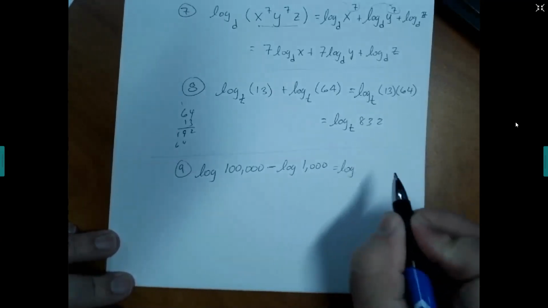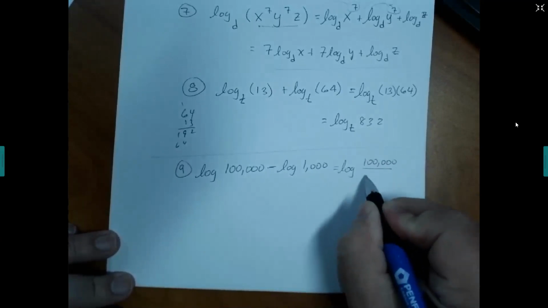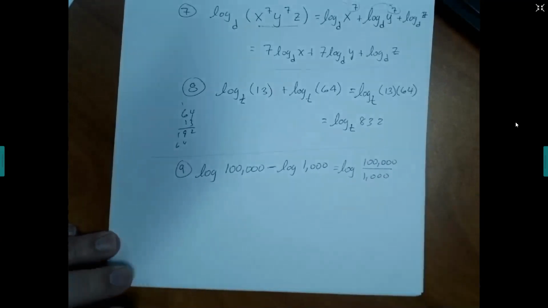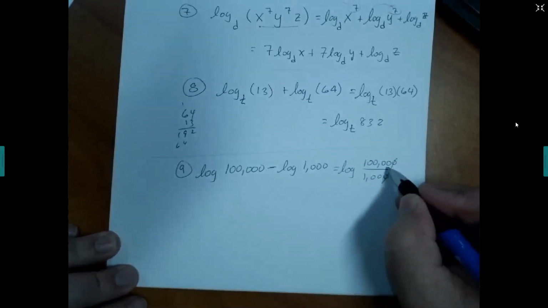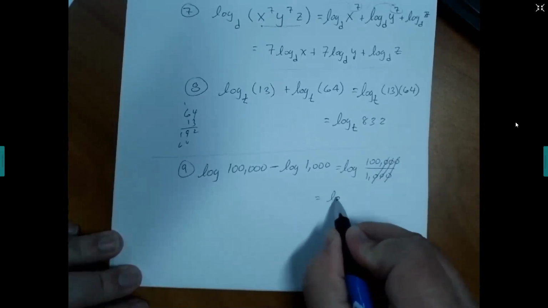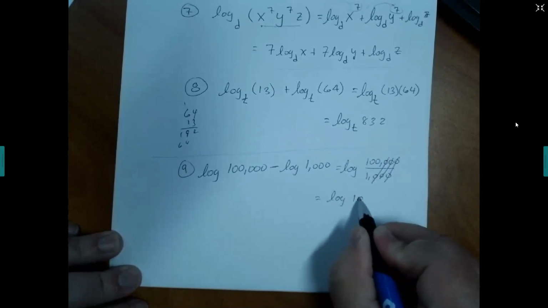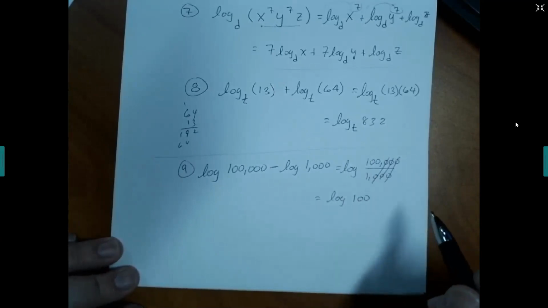Now make it a fraction. So it's log of 100,000 divided by 1,000. So what's that? Can we simplify that? Yeah, cross out the zeros. So it becomes log of 100. One hundred divided by 1 is just 100, but we're not done yet.